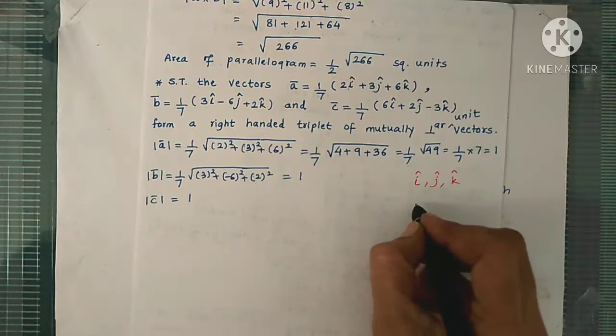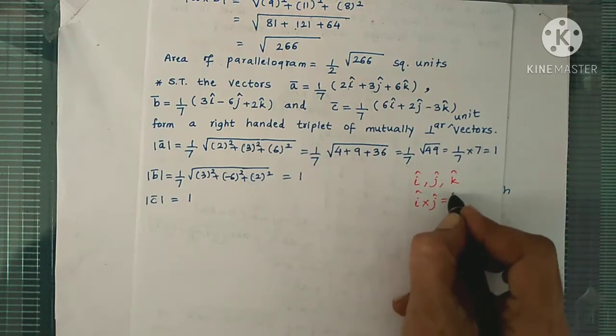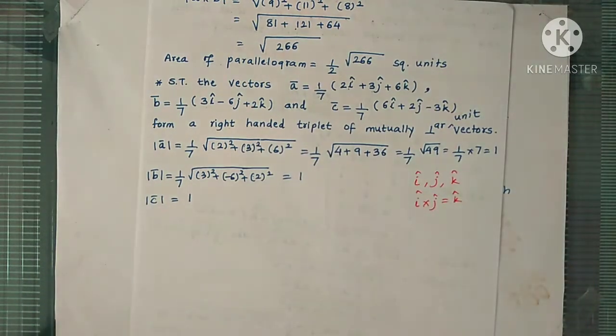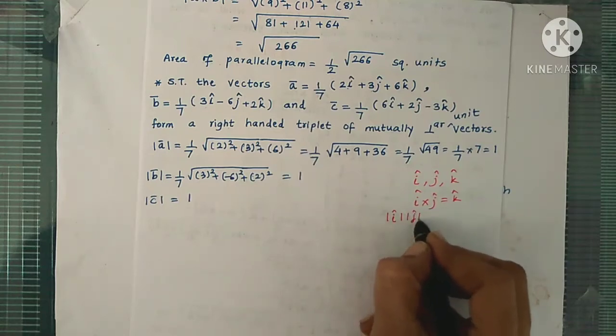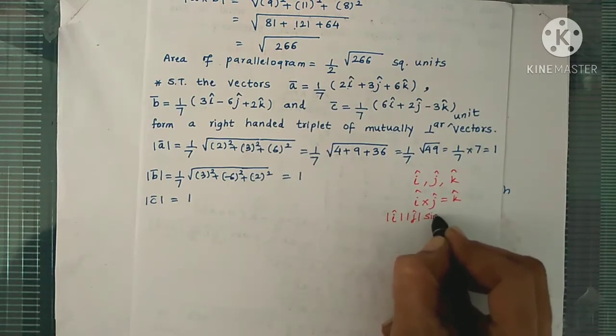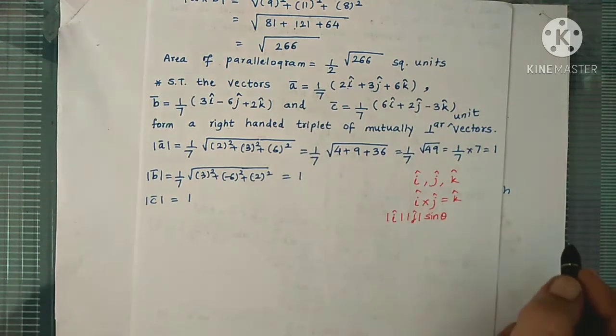So how to prove that it is a right-handed triplet? That means we have to prove that i cross j is k. Not proving, it is the fact here. Why is i cross j equal to k? Because if we take the cross product, what we have is the modulus of the first vector, then the modulus of the second vector, then the sine of the angle between them. As they are perpendicular, the angle between them is theta.